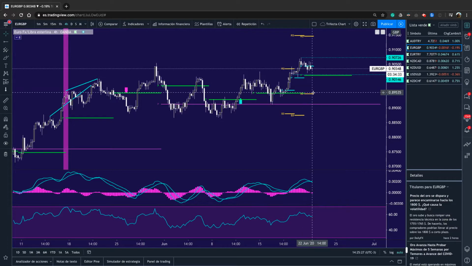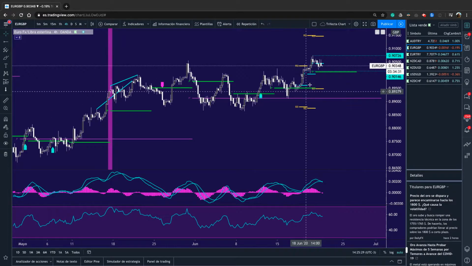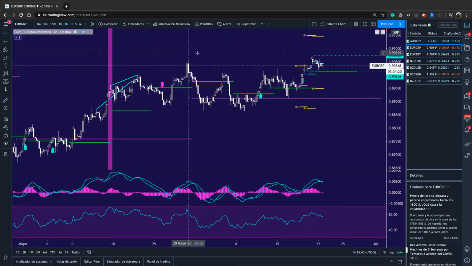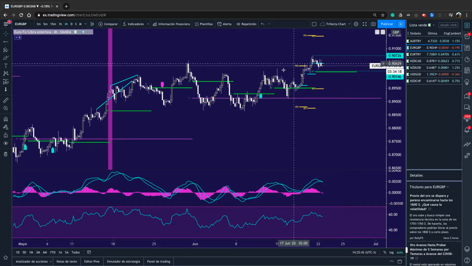And if it happens, we can expect to move to the previous lows, but if that happens, I think that we break the previous highs. We break this previous high, we break this previous high, and we break this previous high.